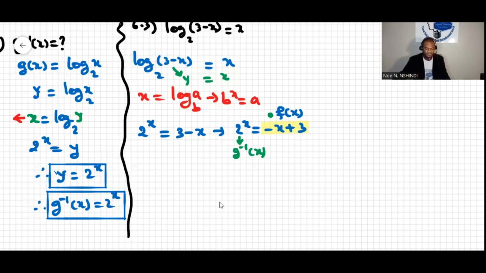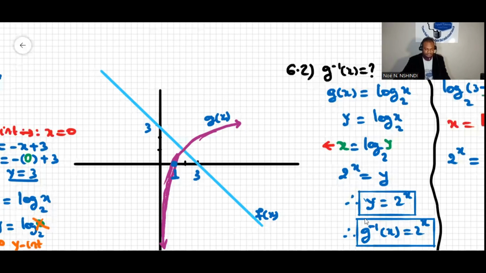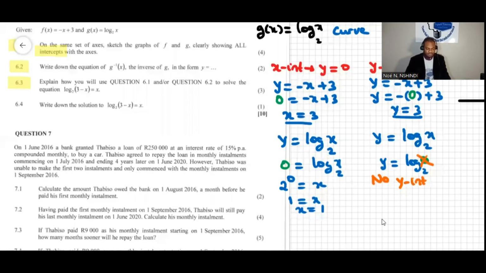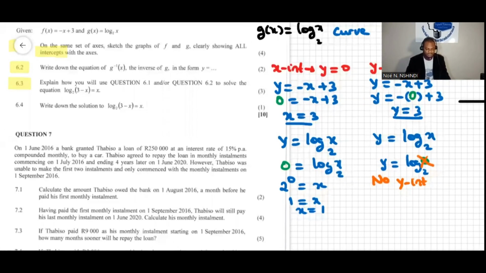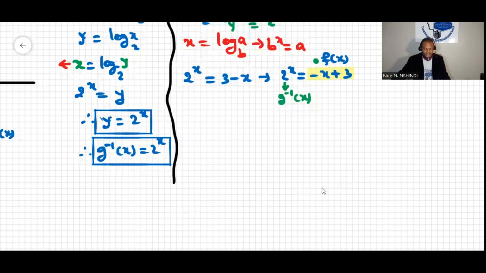Yes, and then the following question, 6.4. Write down the solution of log of 3 minus x base 2 equal to x. Let's see, for only 1 mark. Interesting.